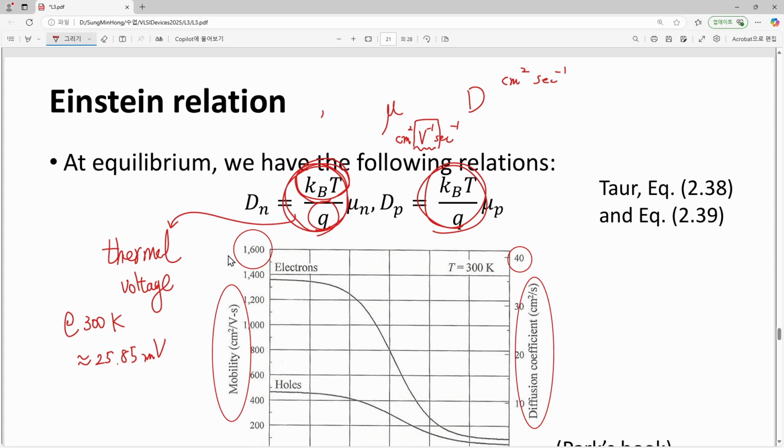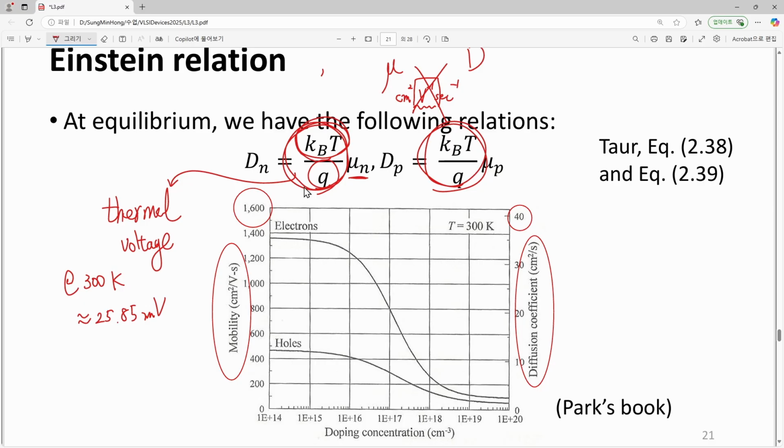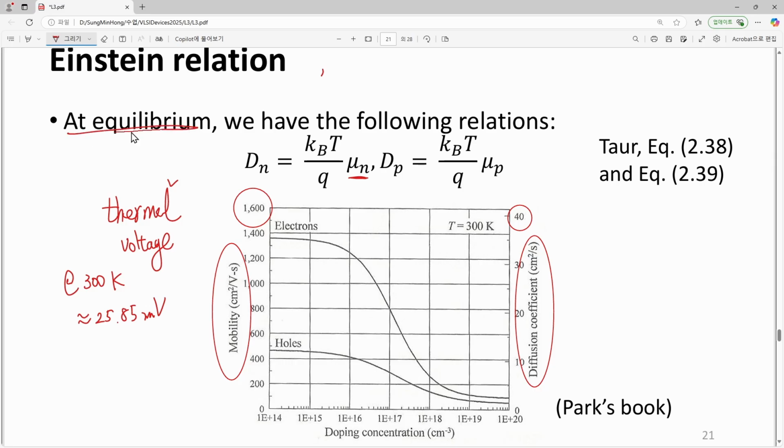So by multiplying this volt unit to the mobility, the per volt unit is gone and they are matched.